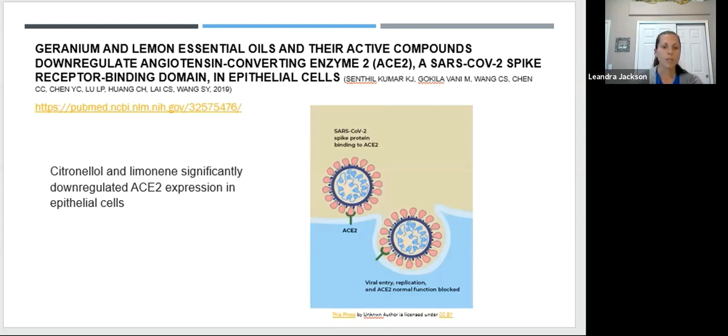And when it says epithelial cells, that means all of our mucous membranes, all the areas, all the holes in our body, nose, mouth, that have these mucous membranes are epithelial cells. They have to be quickly regenerated because of the exposure to the outside world. And that's how we get sick, by these viruses and things attaching to our epithelial cells and then invading the rest of our body.